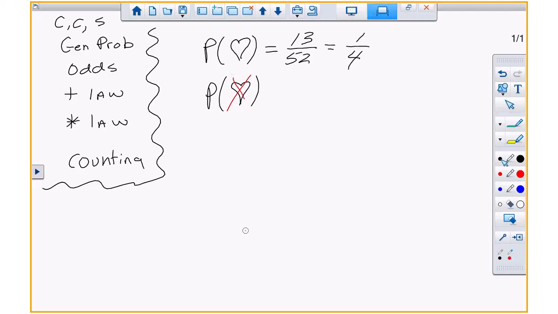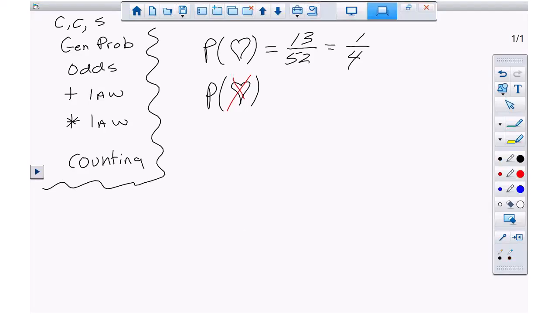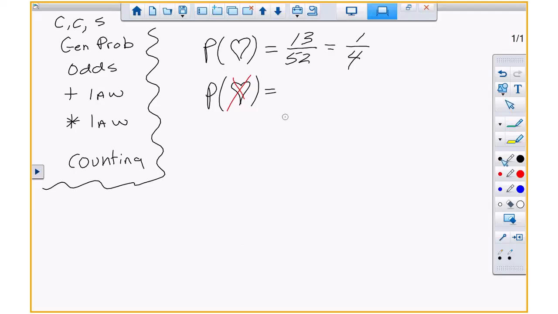What does an X through hearts mean? No hearts. So that's the complement of hearts. What's the complement of 13 out of 52? 39 out of 52. I don't know if that's reducible. Well, 3/4, because 3/4 and 1/4 is 1.